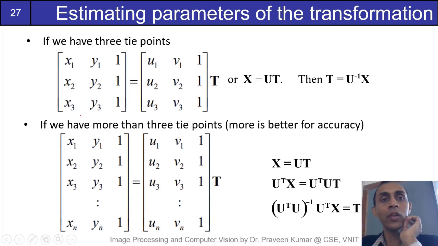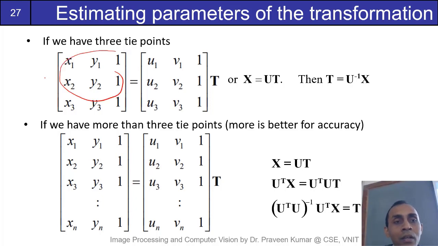So how do we solve that? Three is the minimum number of points that you need. So we have 3 points in x in the original image and in the transformed image. We can represent this using this matrix equation. Let us say this is the x matrix and this is our u matrix.